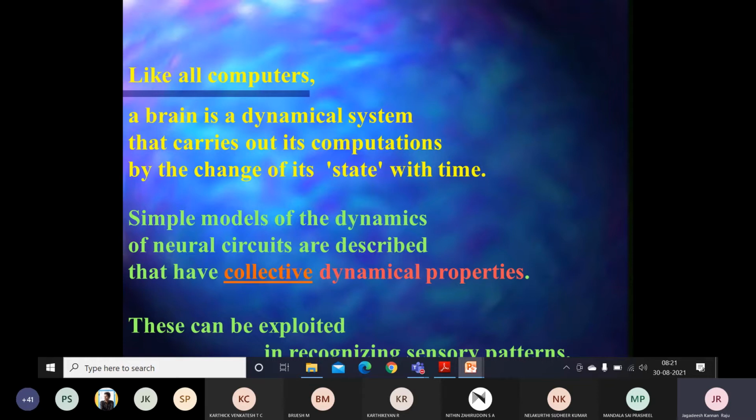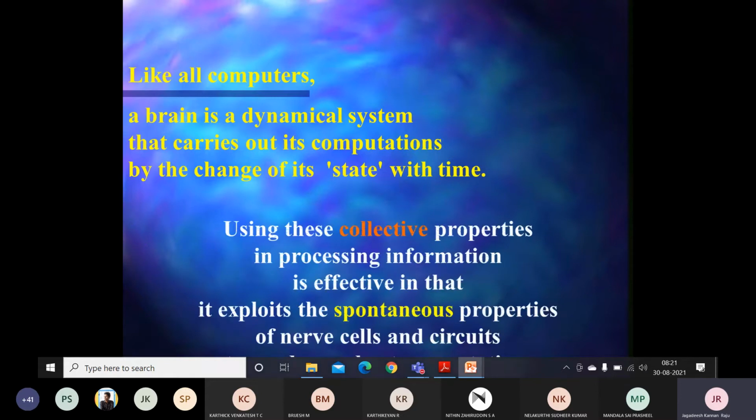With these properties we can exploit registering the inputs via different sensory organs and giving directions to the human, and the human reacts according to the directions as time progresses, or by the change of state with time. So these factors can be exploited in recognizing sensory patterns.